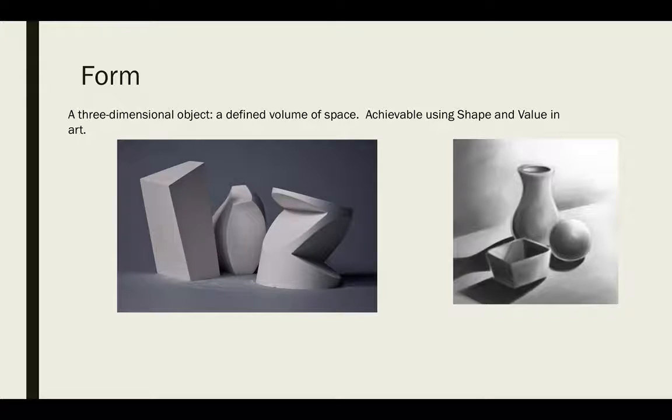So again, form is a 3D shape. It is a volume of space in 3D, occupied or unoccupied. It is important to think of form or shape as also potentially being something that is empty. By creating forms or shapes, we also create an empty space around things, and this is okay.